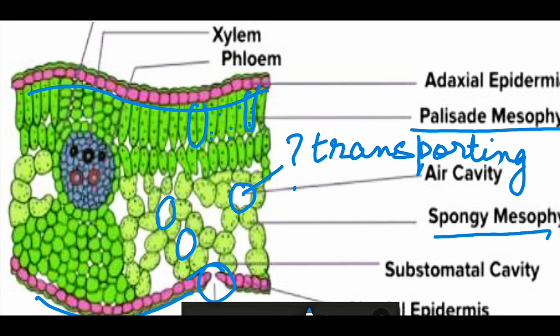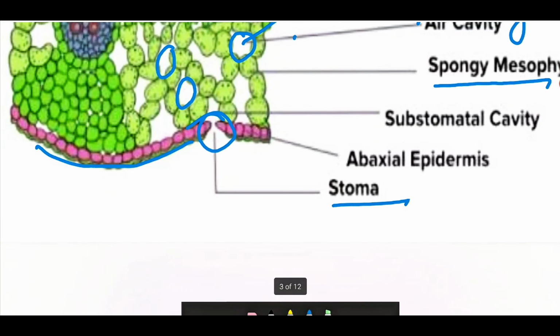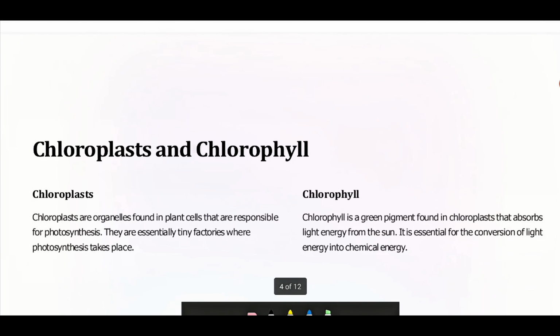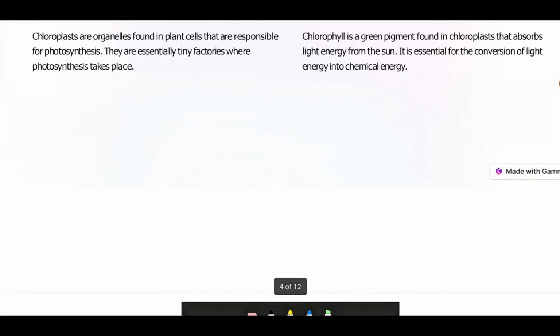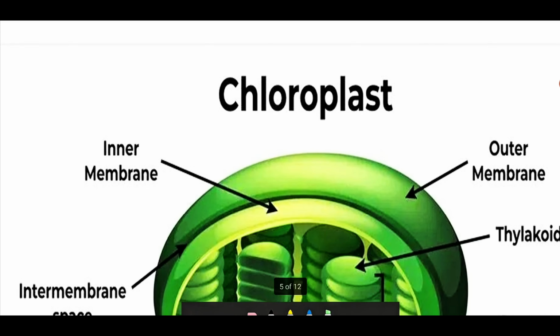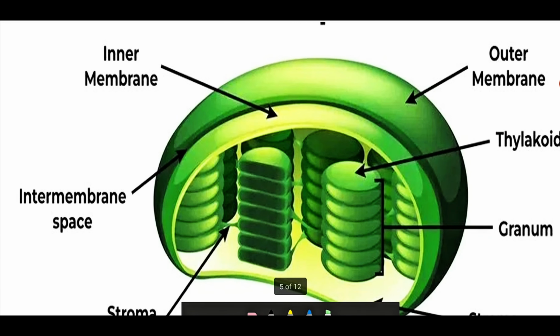Where is the chloroplast? The chloroplast is here in the mesophyll cells. Now if we zoom in, it will look somewhat like this. If we zoom in on the chloroplast, it will look somewhat like this. I will just show you like this.